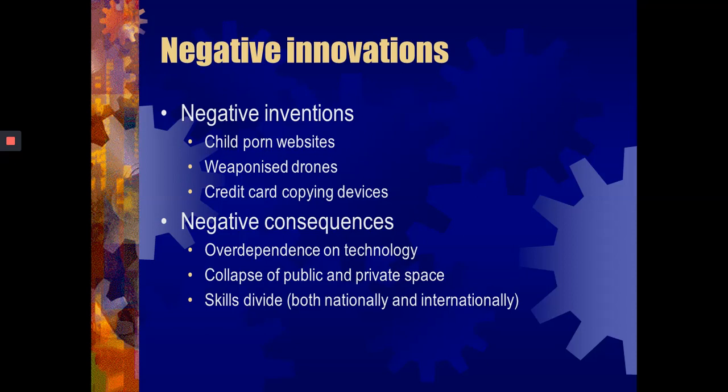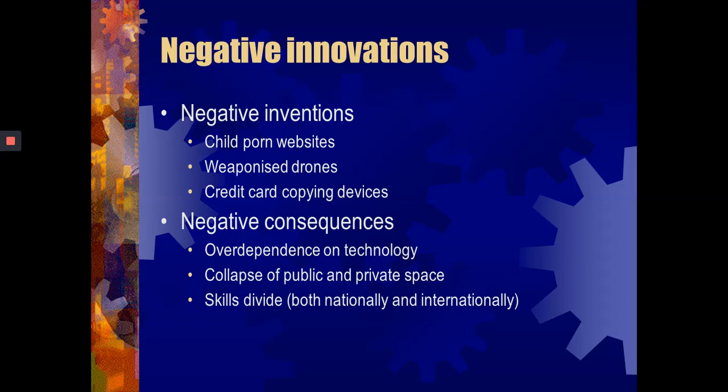So with the good there is the bad. And again, that's something you might want to think about with your object of maternity presentation. What's the good stuff that's come from this object, but also is there any bad stuff, any negative stuff, that's come from this object? So with the internet and so on, you get child porn.